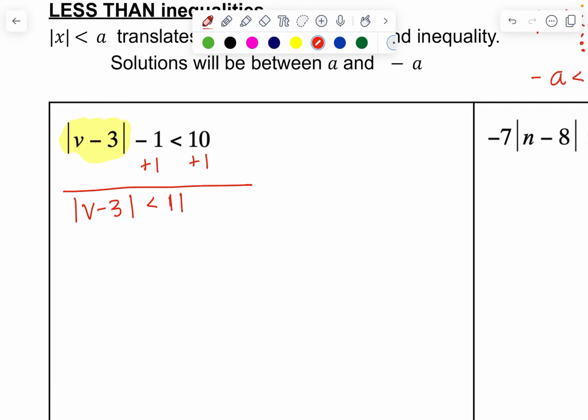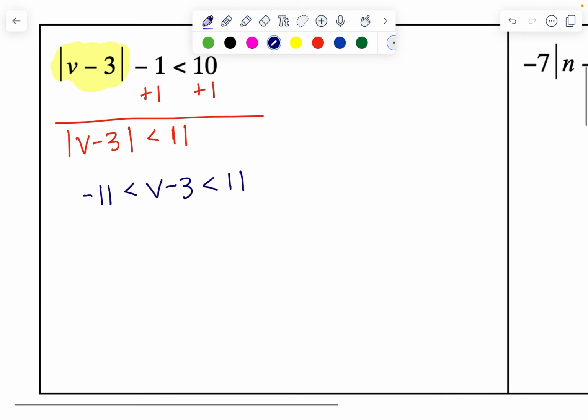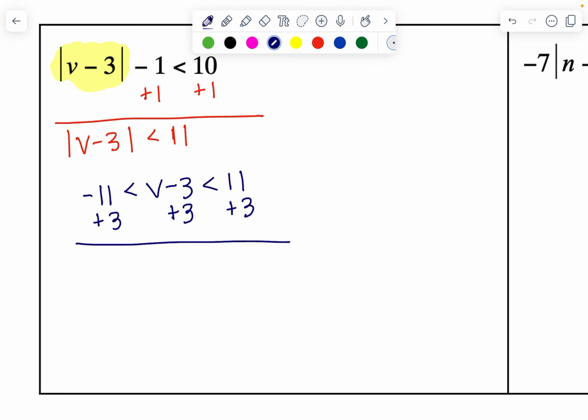And to split it up, we can remove the absolute value by saying that it's between negative 11 and positive 11. And then to solve this, we'll add 3 to everything. And our answer ends up being v is between negative 8 and positive 14.